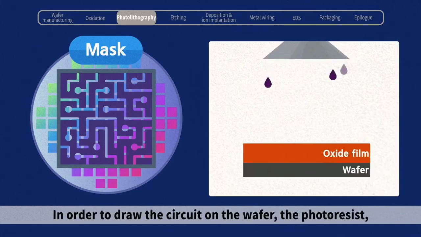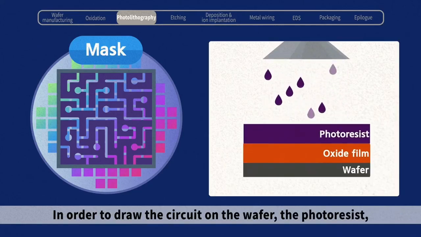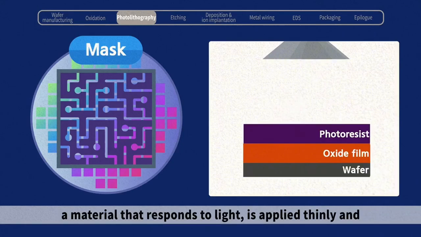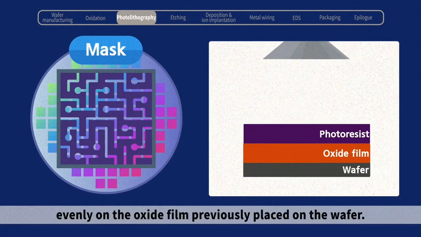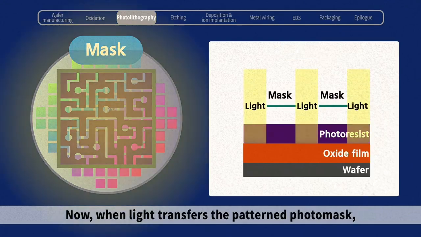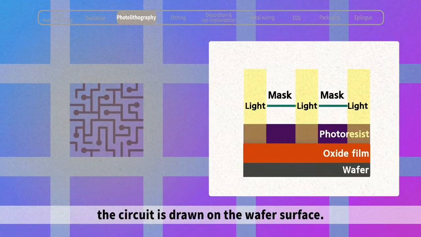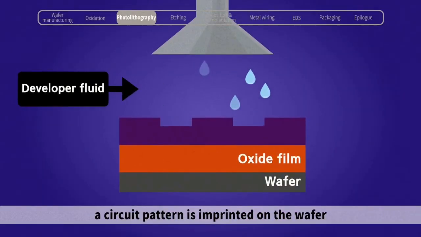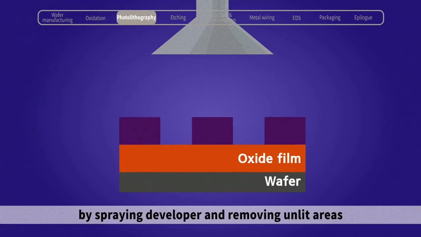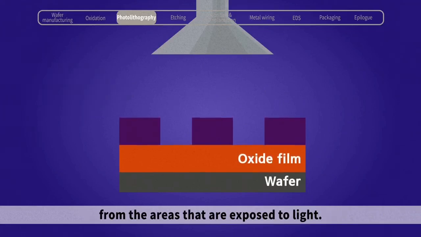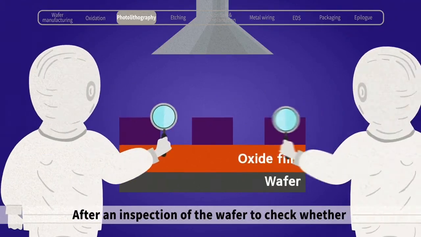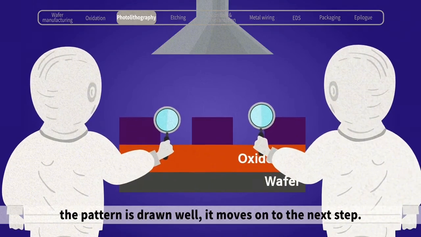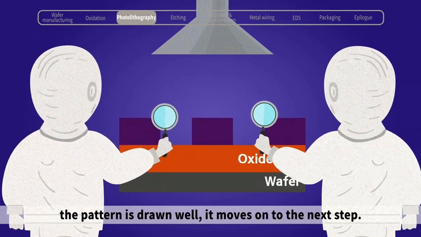In order to draw the circuit on the wafer, the photoresist, a material that responds to light, is applied thinly and evenly on the oxide film previously placed on the wafer. Now, when light transfers the photomask pattern, the circuit is drawn on the wafer surface. Just like developing a photo, a circuit pattern is imprinted on the wafer by spraying developer and removing unlit areas from the areas that are exposed to light. After an inspection of the wafer to check whether the pattern is drawn well, it moves on to the next step.